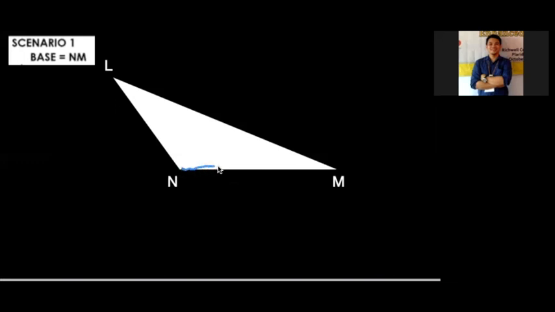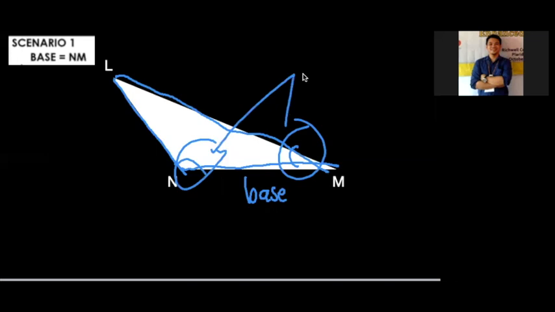If NM is our base, what is now our height? Since LN and LM did not form a perpendicular line to the base, then these sides cannot be the height.